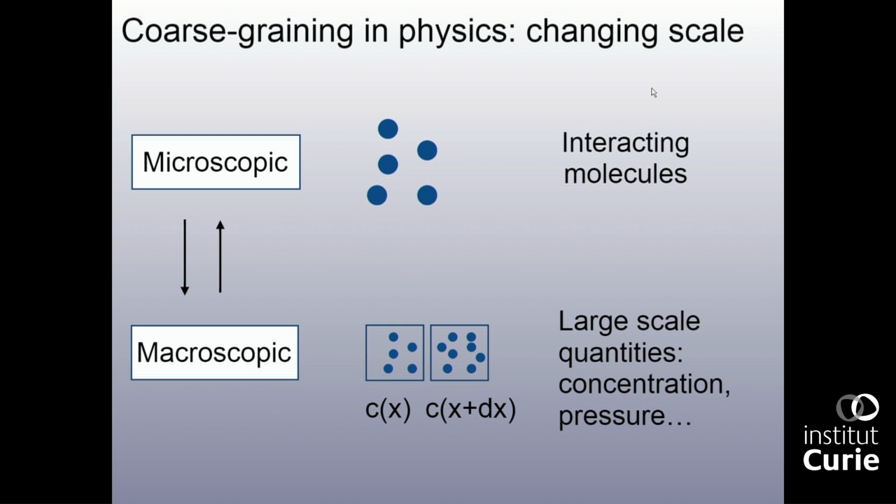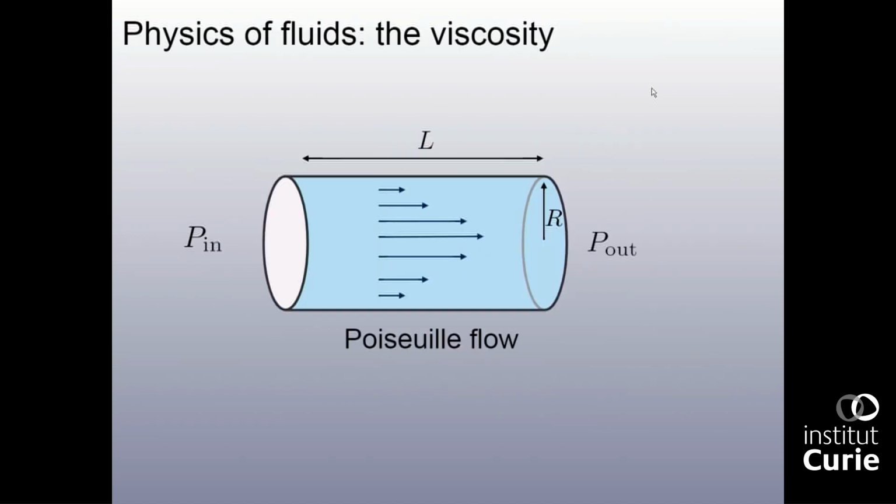For instance, if one wants to describe a gas, one does not describe every molecule inside the gas. Instead, one may want to choose a macroscopic approach. An example of this, which is also familiar to physicists, is the hydrodynamics of simple fluids.